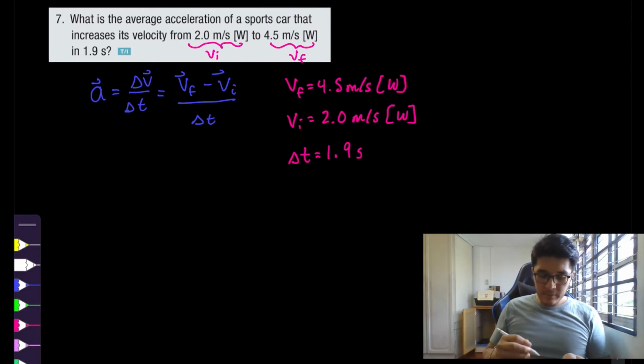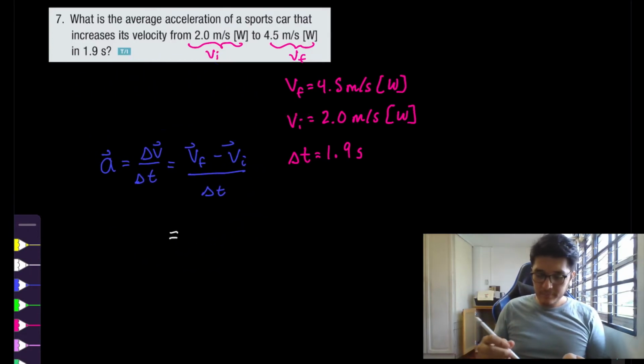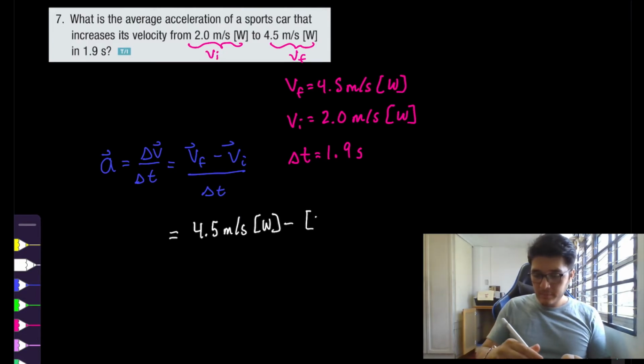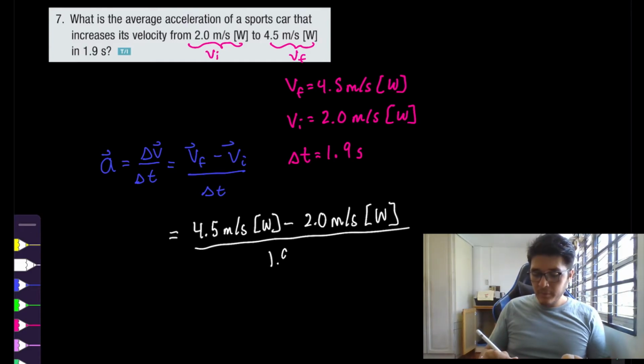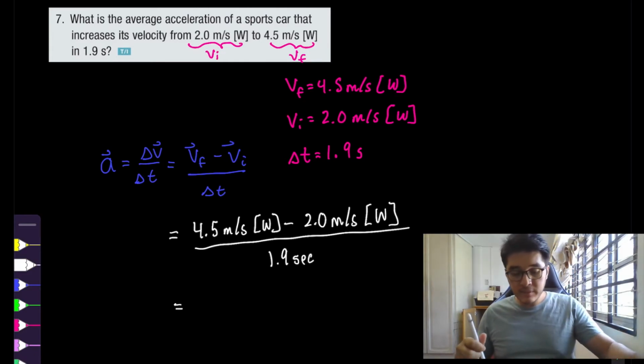So let's plug this into our formula that we have. Okay, so the final velocity is 4.5 meters per second west minus the initial velocity, which is 2.0 meters per second west, divided by 1.9 seconds. So let's put this into the calculator.